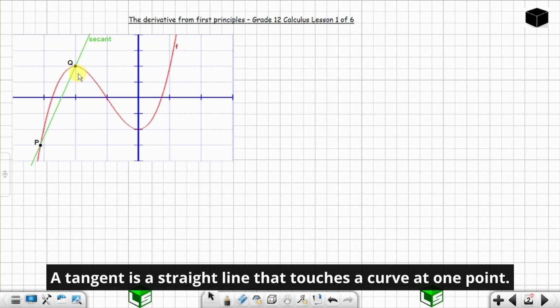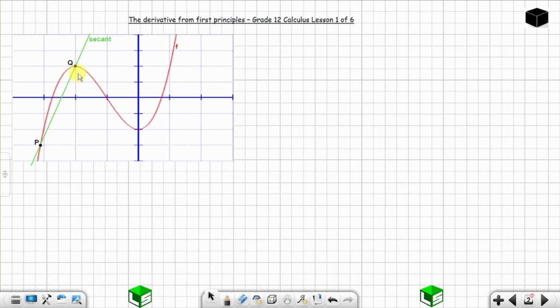For now we have this secant. So let's use the knowledge that we know about finding the gradient of a straight line. This straight line is cutting the graph of f at point P and at point Q.